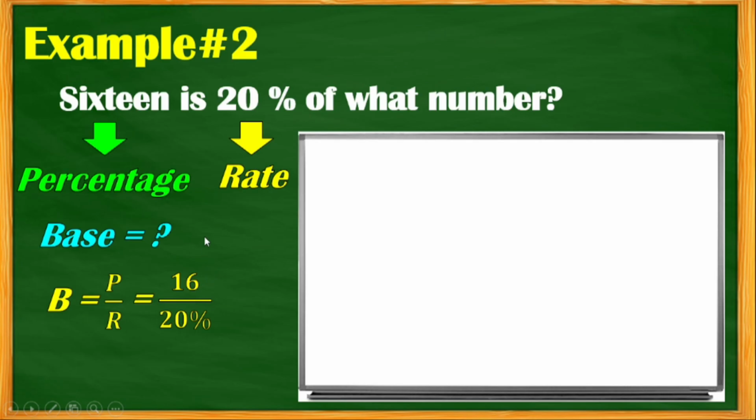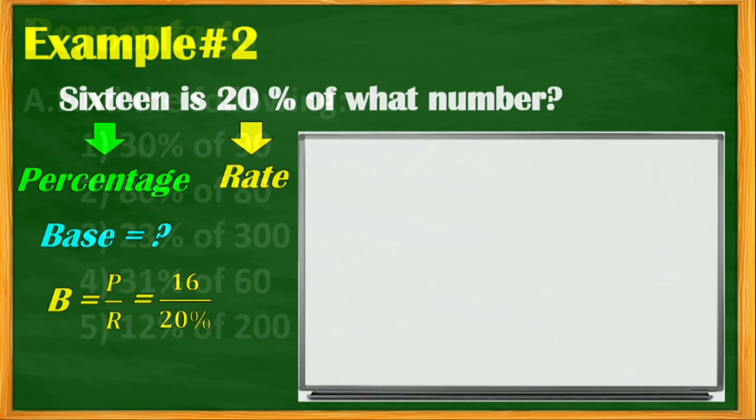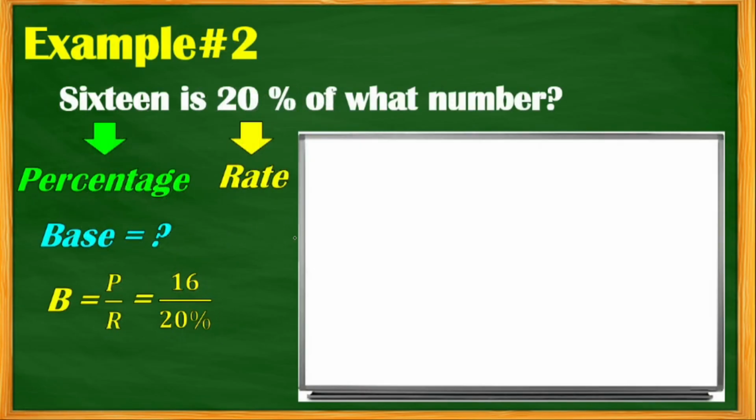But take note, you first need to change 20% to a decimal. Move the decimal 2 places to the left, so this would be 20 hundredths, and remove the percent sign. So base is equal to percentage 16 divided by 20 hundredths.